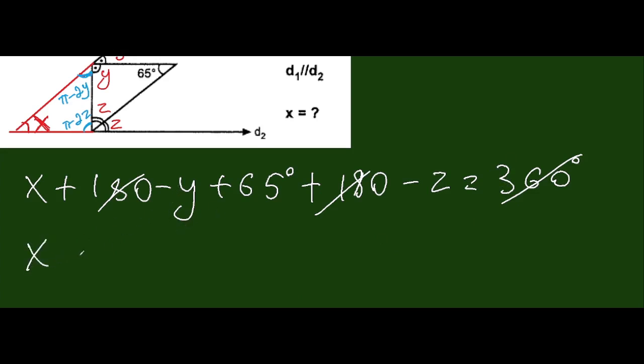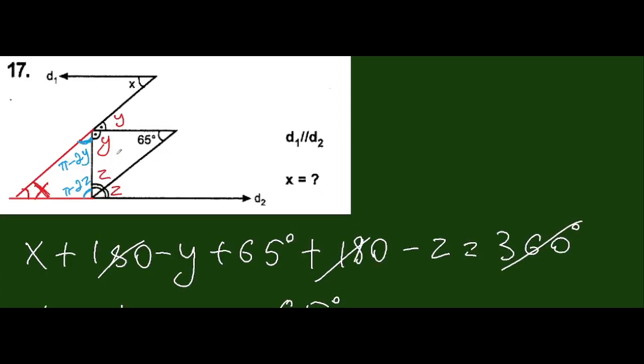So x minus y minus z will equal minus 65 degrees. But don't worry, why is it negative? We'll find out later. So from this triangle, if you can see this triangle, we can find out the sum of interior angles, and it will be z plus y plus 65 equals 180.